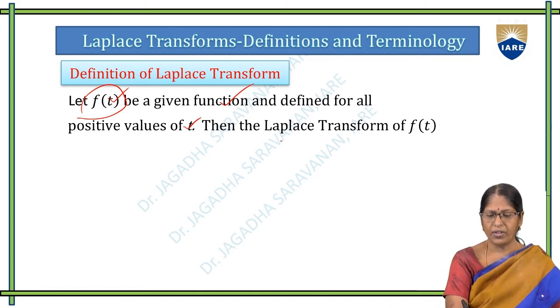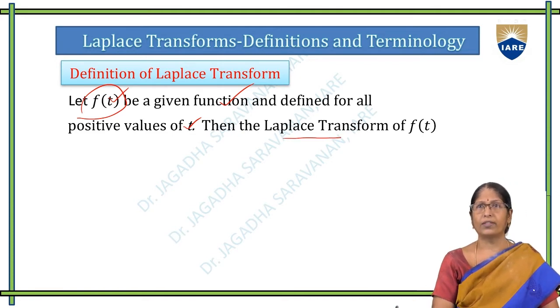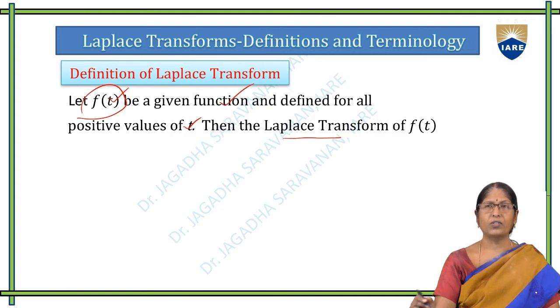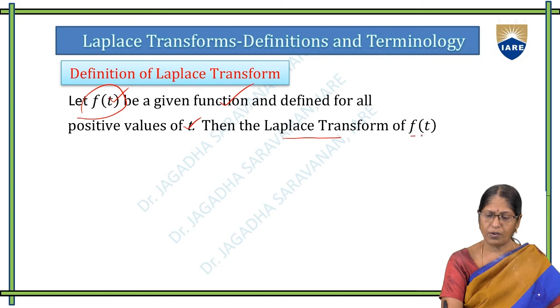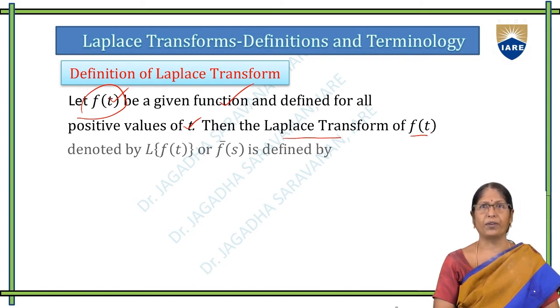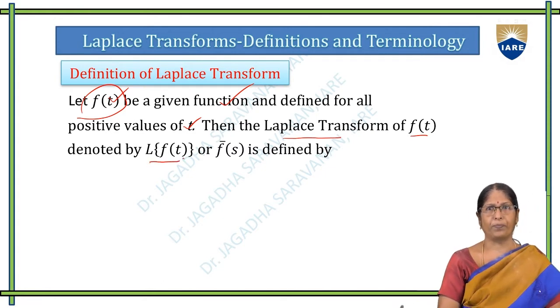Because the mathematician's name is Laplace, the transformation retains his name and is called the Laplace transform of that particular function f of t, which is denoted by L of f of t, the capital L of f of t.